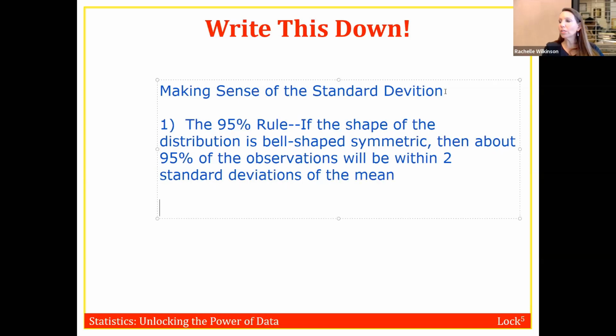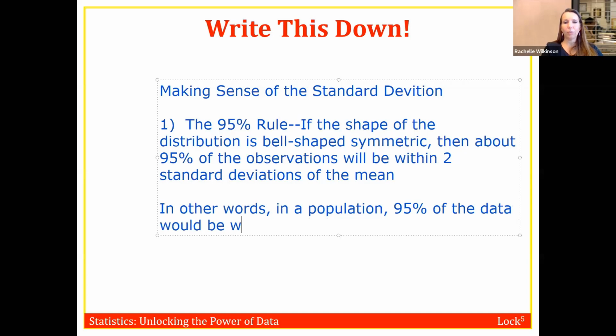In other words, 95% of the data, if we're talking about a population, would be between mu minus 2 sigma and mu plus 2 sigma.